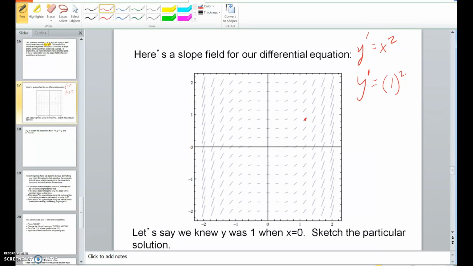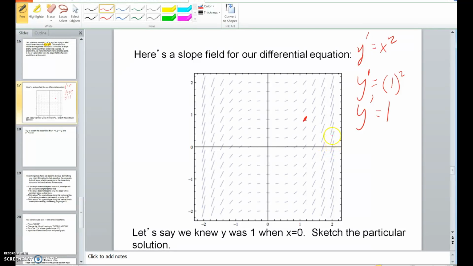So the slope of the solution function is equal to 1 at this point. What I've drawn are all these tiny little snippets of tangent lines that would be tangent to the solution function. Because remember, we only know the slope of the solution function at each point. So I'm just drawing little hash marks that have the slope that I calculate. That little hash mark there has a slope of 1.